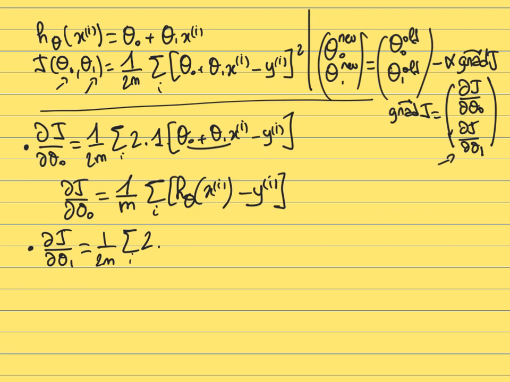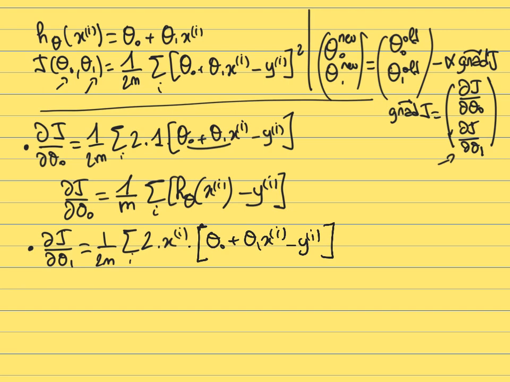In this case, we are differentiating with respect to theta 1, so now we have one term, xi, which shows up when we differentiate this function with respect to theta 1, and then we need to multiply by the function itself, which is theta naught plus theta 1 xi minus yi.